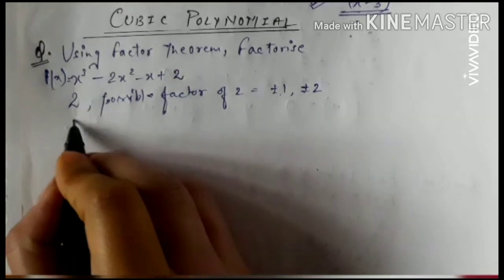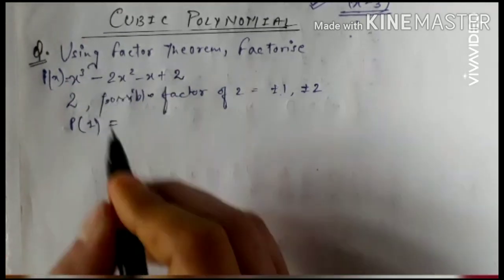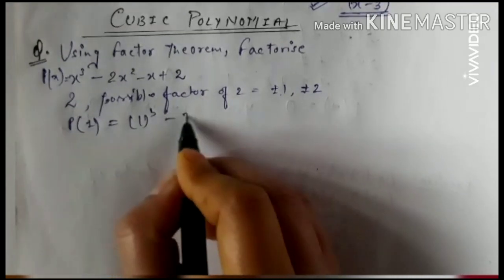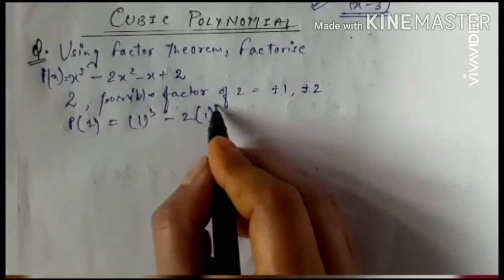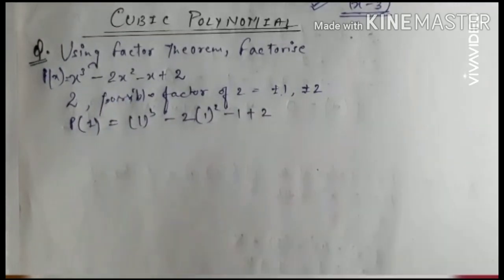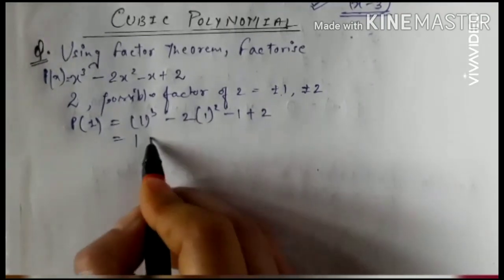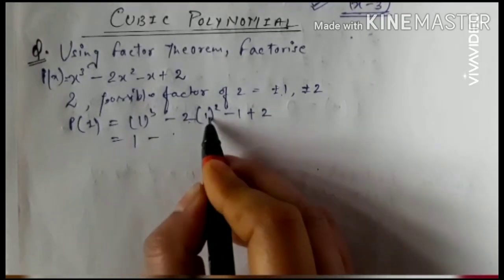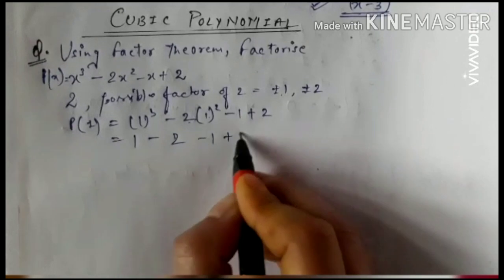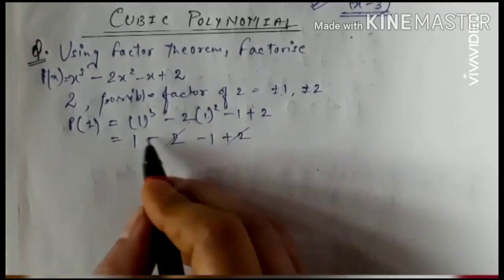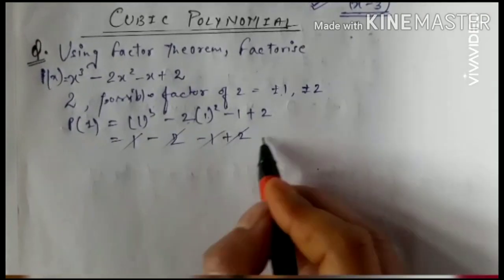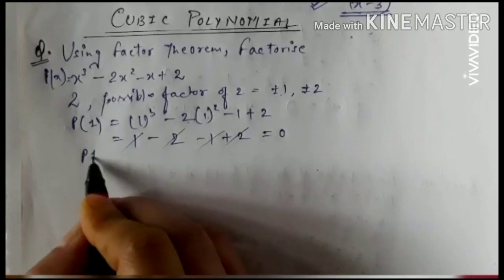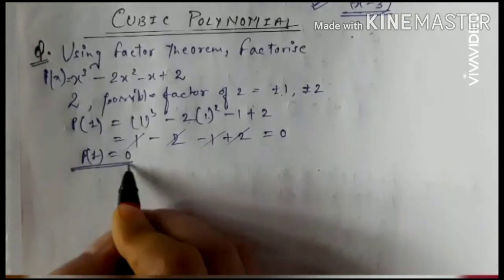So suppose we have taken p(1). Put here 1 cube minus 2 into 1 square, minus 1 plus 2. 1 cube is 1, and 2 into 1 square is 2, and minus 1 plus 2. Plus 2 and minus 2 get cancelled out, plus 1 and minus 1 get cancelled out, that means it is 0. That means p(1) is 0.